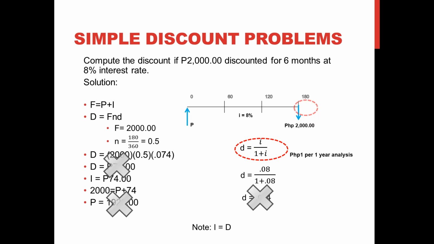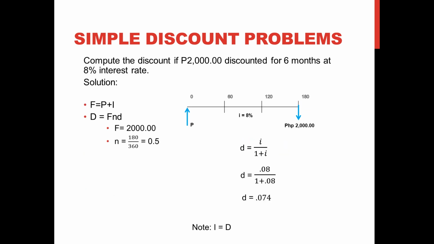Okay? And yan, 180 days. It's not derived out of 360. Although, dito, pinoportion mo yung N, ito yung sinasabi ko na dapat i-proportion mo yung N. Kaya lang, 0.074 was already derived beforehand na ginamit mo yung N, which is proportion to 360 days or 1 year.